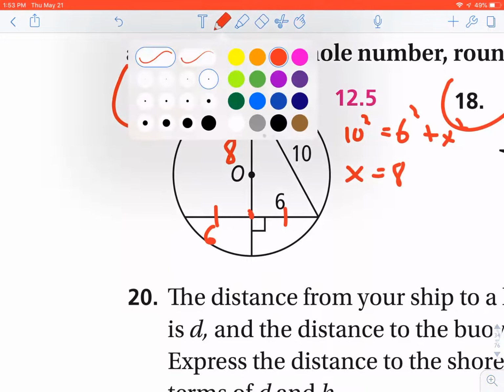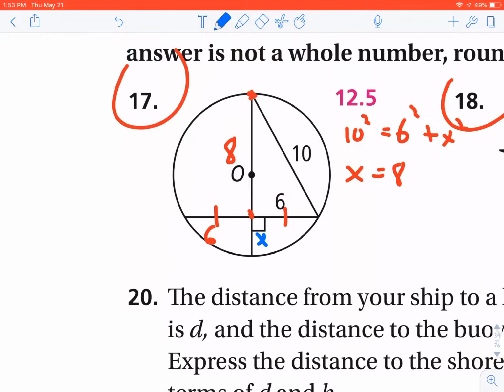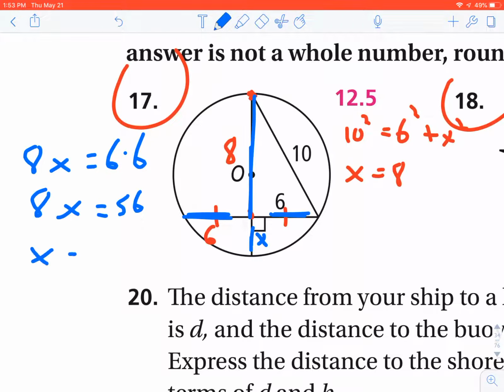Let's call this piece the unknown x. So 8x is equal to 6 times 6. So multiply this piece and this piece equals this piece times this piece. When I do that, I get 8x equals 36 and x equals 4.5.